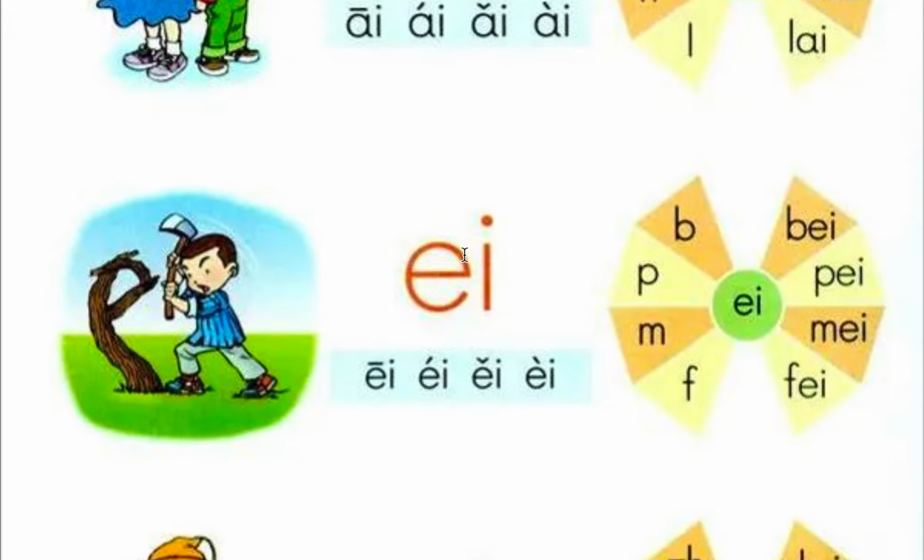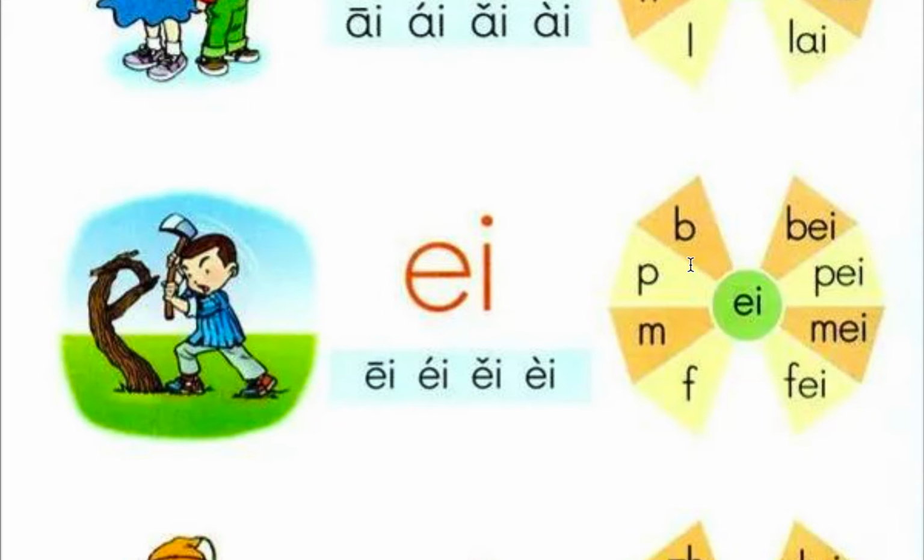E-I or E. This is pronounced just like the English letter A. The four tones would be pronounced like this: A, A, A, A. Again, A, A, A, A. Here, let's practice.